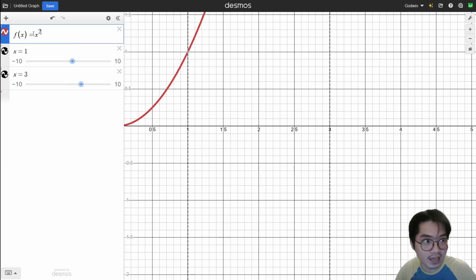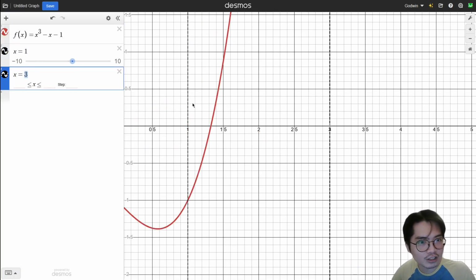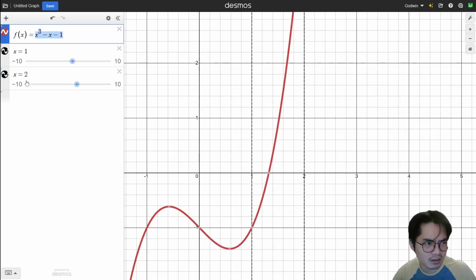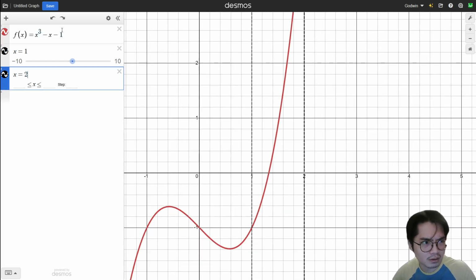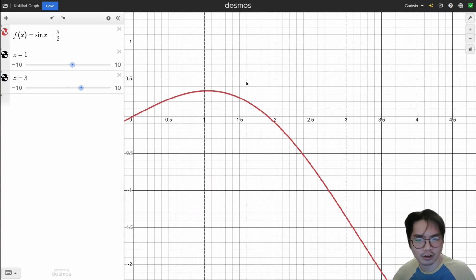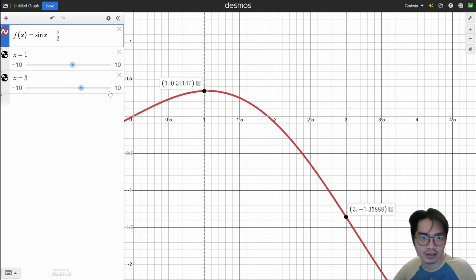Let's try this again. Let's try x cubed minus x minus 1. Let's just understand what's happening in here, right? Or you know what? Let's just go back to the original one. There you go. What we will do in here is create a point between these two values right here.